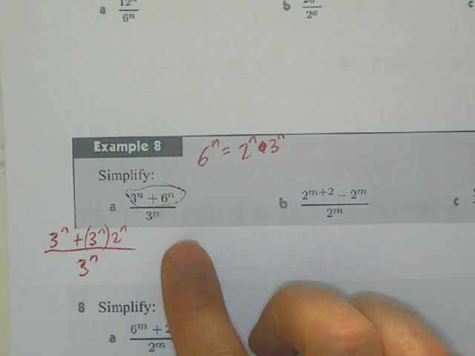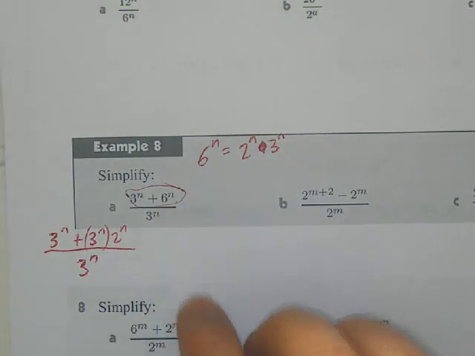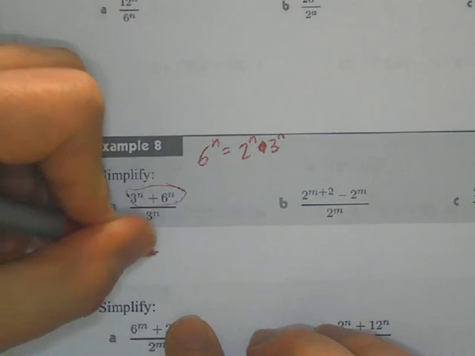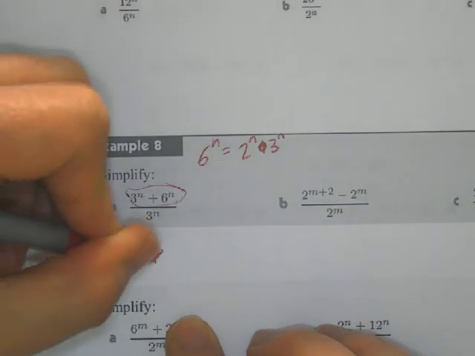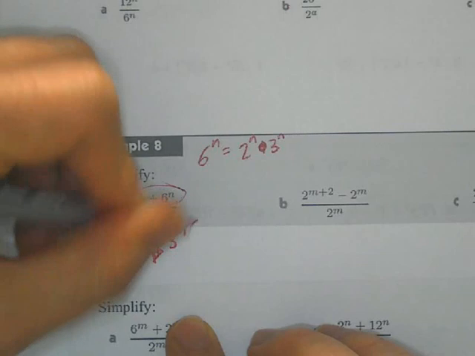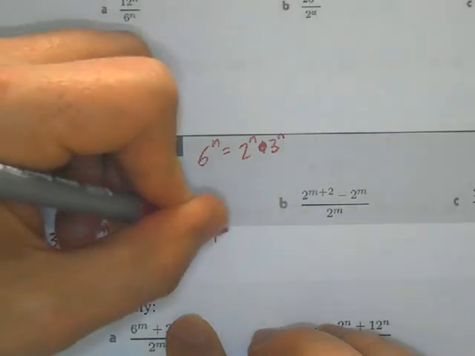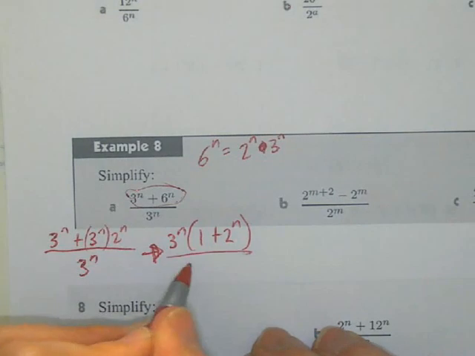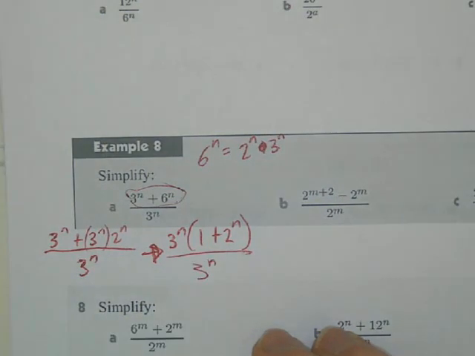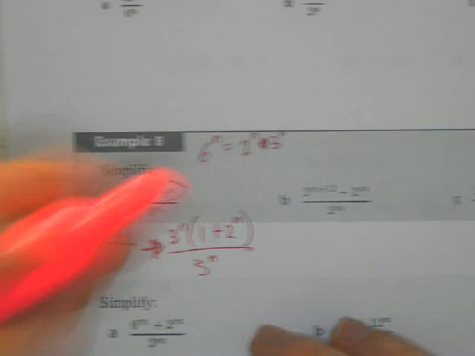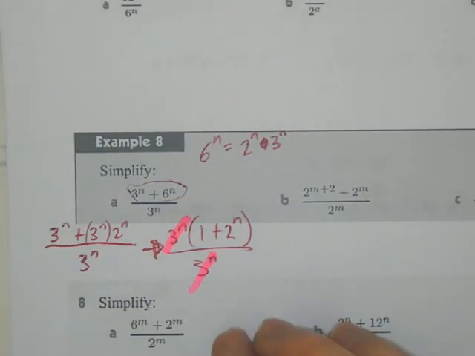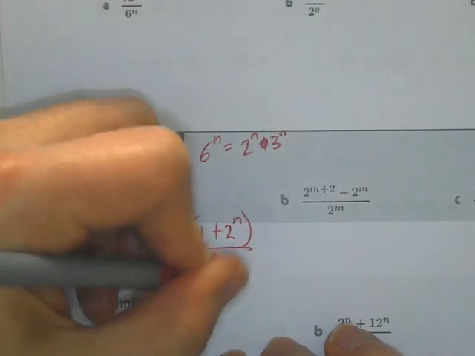And we can see quickly that if I did distributive property, I would have 3 to the n with 1 plus 2 to the n, right? And this 3 to the n in the numerator and the denominator is going to cancel out, and our final answer is 1 plus 2 to the n.